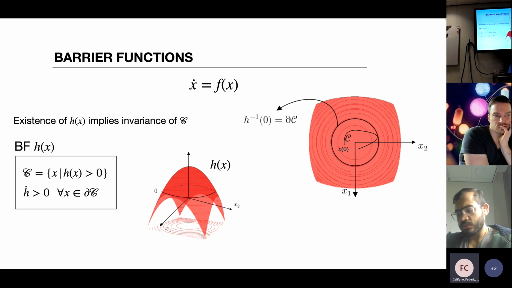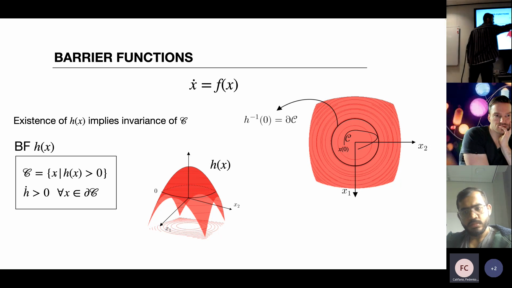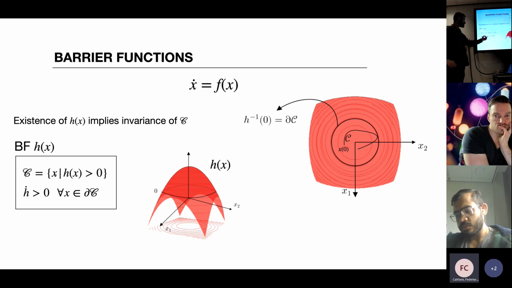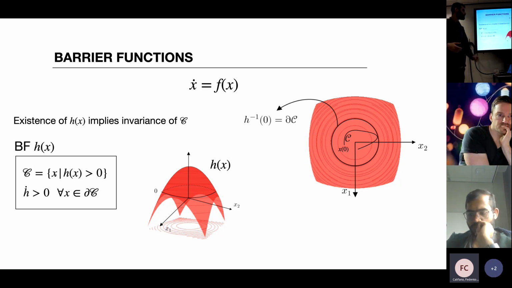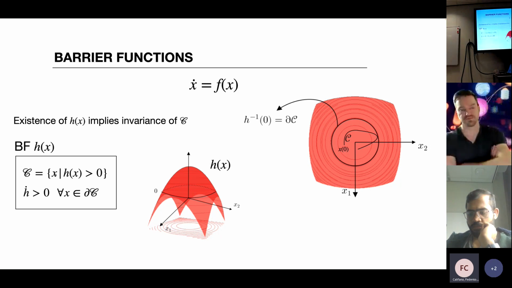You can stare at it for 10 seconds and it will be crystal clear. Say you start the system at x0 somewhere inside the safe set. The h is greater than 0 by construction. And the condition is only for things happening at the boundary. It's not a continuous condition. So inside the safe set, the system can do what it wants.